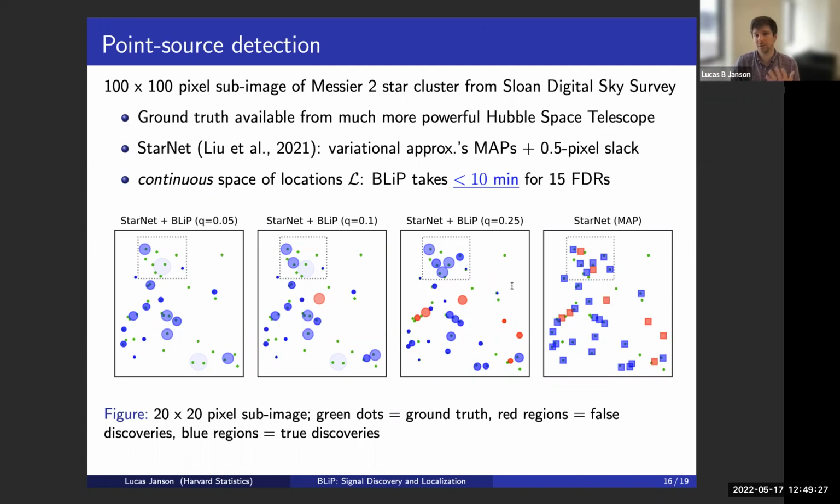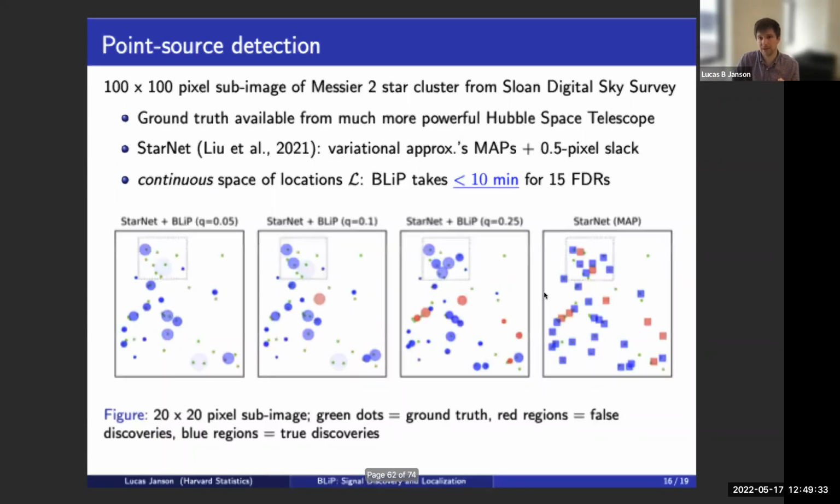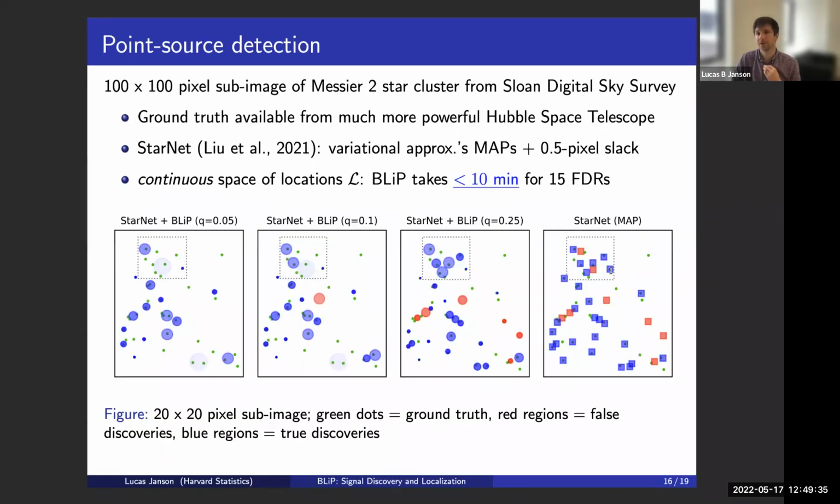But actually that's a really useful discovery. We basically discovered that star to a really tiny resolution. Remember that the squares on the right-hand plot are basically 1 pixel by 1 pixel. So this is super sub-pixel resolution discovery that we're able to make here. And there are a number of them here, here, here. And so we're making quite a few discoveries with relatively few false discoveries compared to StarNet.